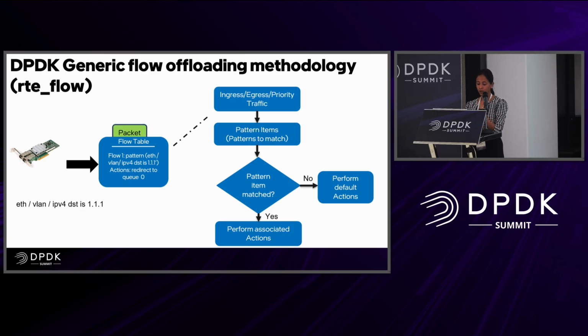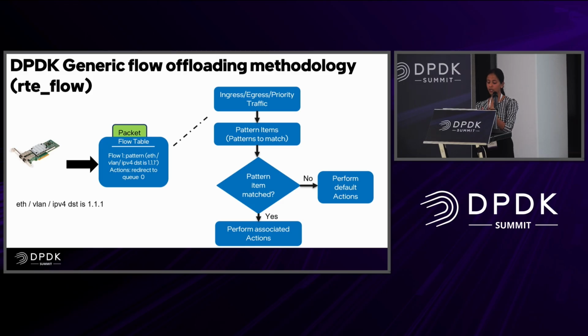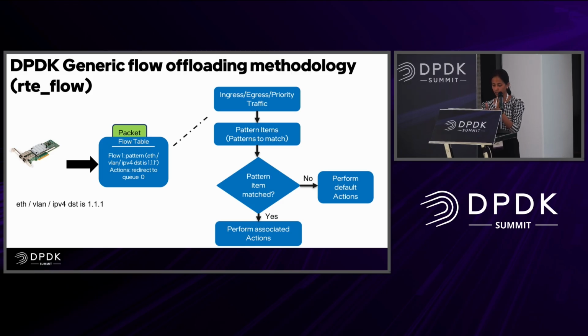This is how the rte_flow side works: a packet will arrive with a certain protocol combination. Then the flow table is checked to see whether there is any associated pattern that matches the packet. It checks the attributes, whether it's ingress or egress traffic, and the priority of the traffic.